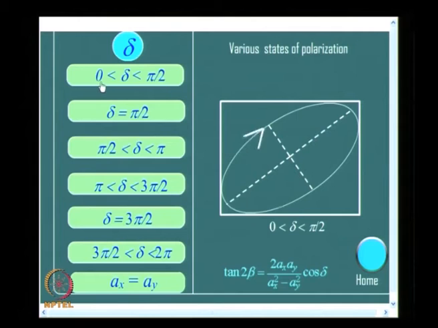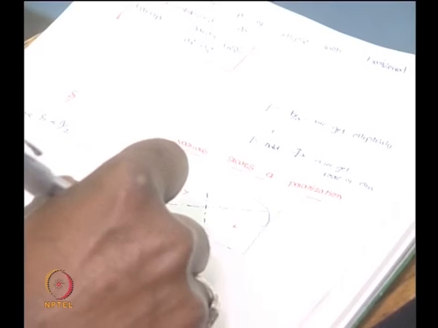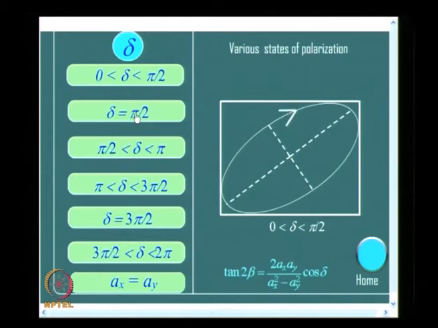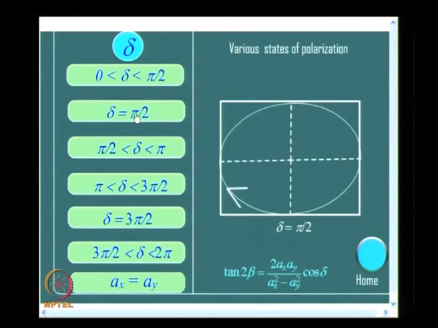So, if delta is between 0 and pi by 2, the resulting trace of the light would be an ellipse oriented with this orientation, and it will have handedness indicated in this fashion. And suppose I go to delta equal to pi by 2, which we have already looked at, we will see pictorially. So, when delta equals pi by 2, the major and minor axes of the ellipse coincide with the reference directions x and y.